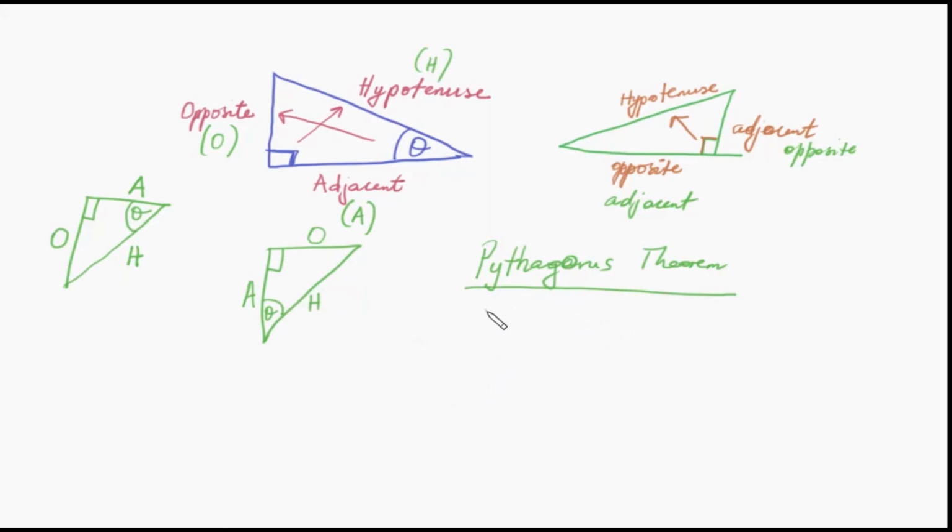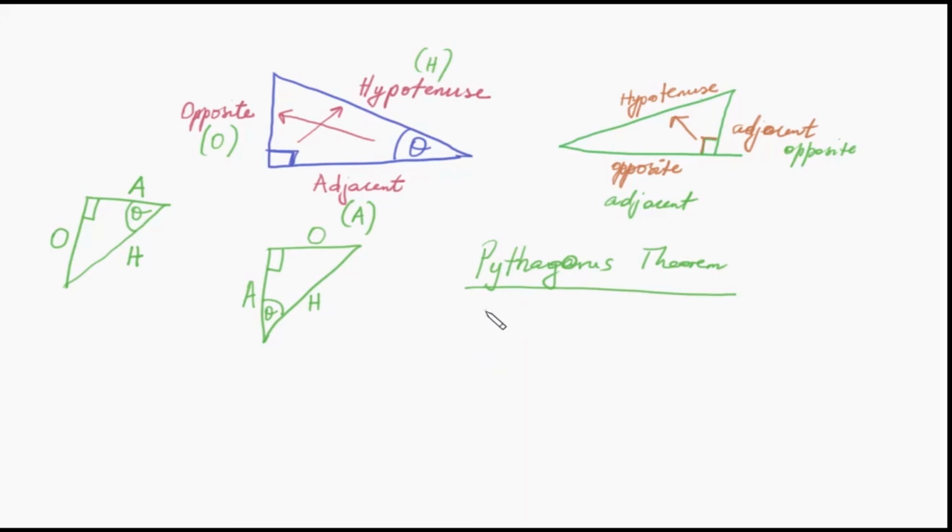So it says that the sum of the squares of adjacent and opposite is always equal to the square of the hypotenuse.